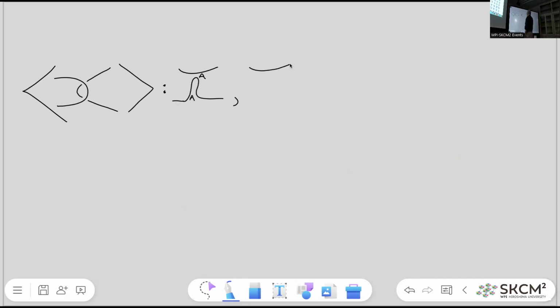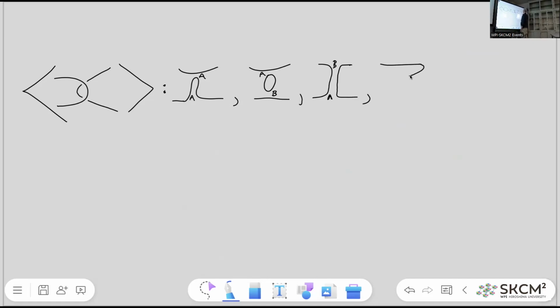And then you could keep this to be an A and let this turn into a B. Or you could take this one and turn it into a B. Or you could turn the other one into a B as well.